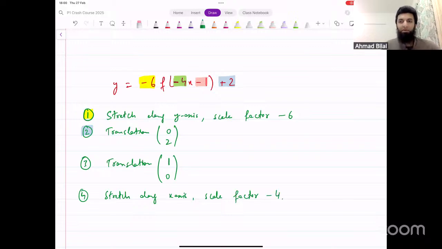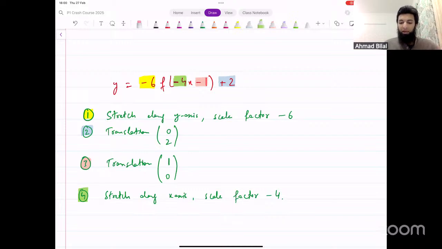Okay, that's how you can describe all of these transformations together. All right, these are the 4 transformations that are happening.